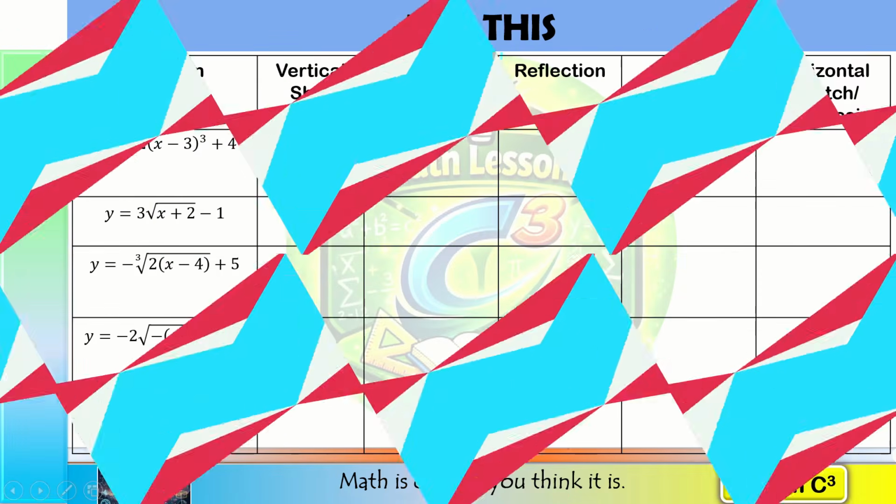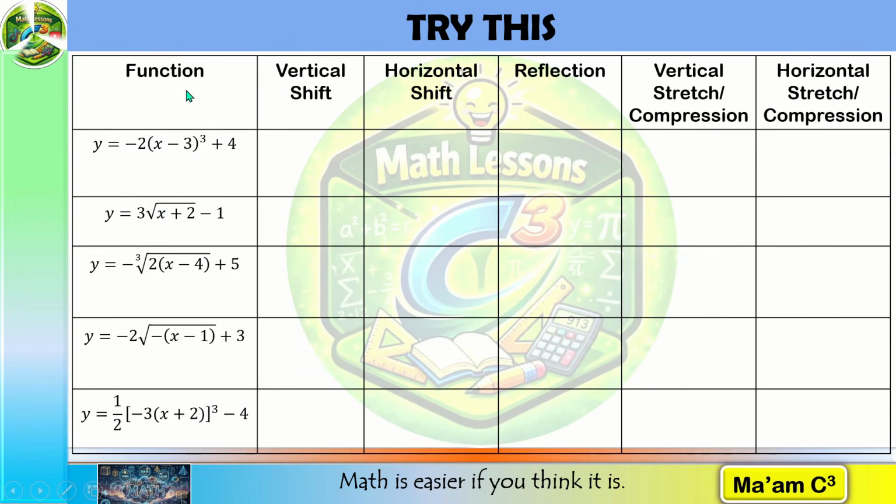Now, let us put everything together. Try this. Given the functions, we're going to determine the vertical shift, horizontal shift, reflection, vertical stretch or compression, and horizontal stretch or compression. So for the vertical shift, we're going to look at this portion, and this is positive 4, so 4 units up.